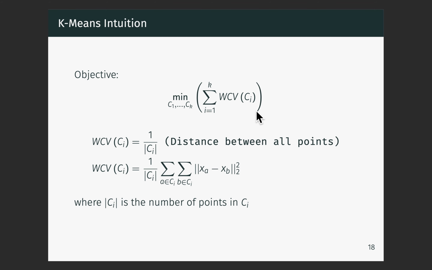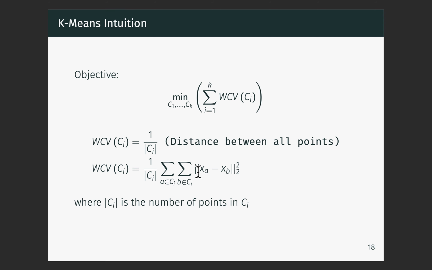The other term that you want to write is the distance between all the pairs of points. So that is the variance within a cluster. You calculate the distance between all pairs of points, you divide it by the number of points. That's it. That's the simple definition of the within cluster variance.